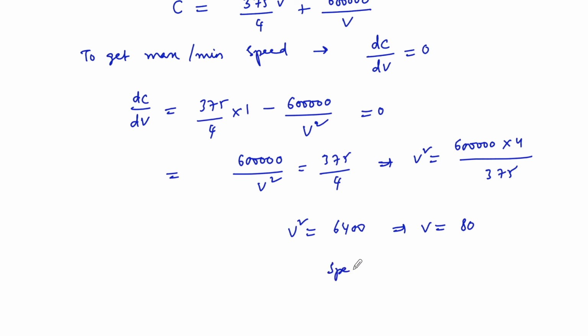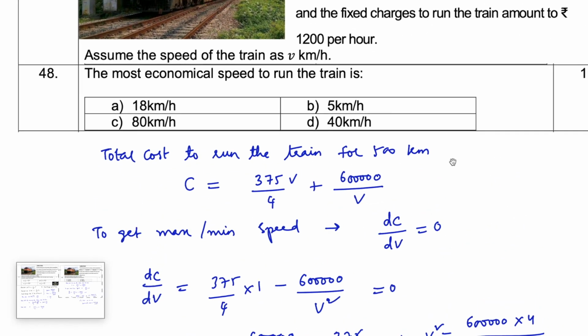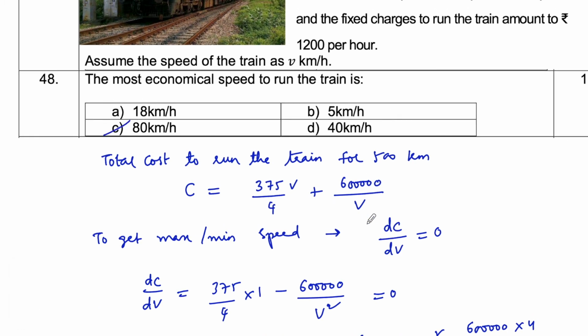So therefore the speed of the train must be taken as 80 kilometers per hour for the most economical speed. For the most economical speed to run the train, 80 kilometers per hour is the best. Okay, now let us see another problem.